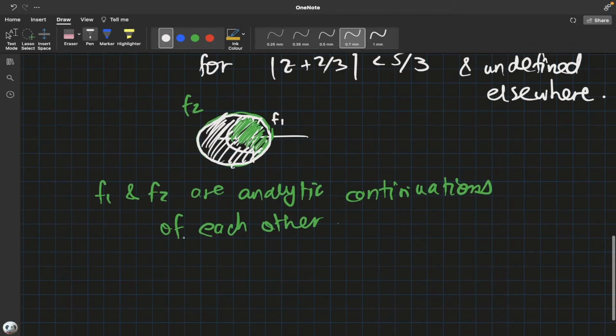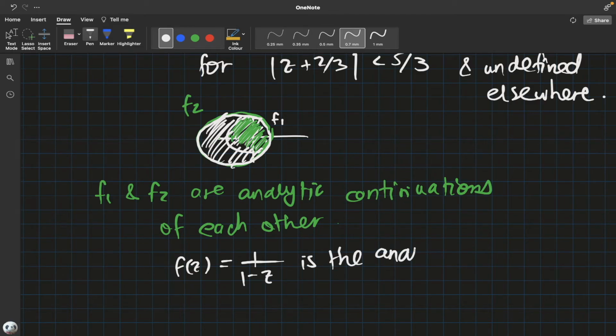So f of z equals 1 over 1 minus z is the analytic continuation of both f1 and f2.